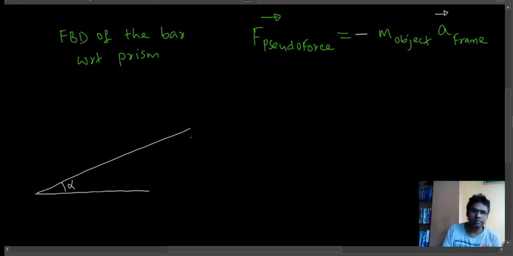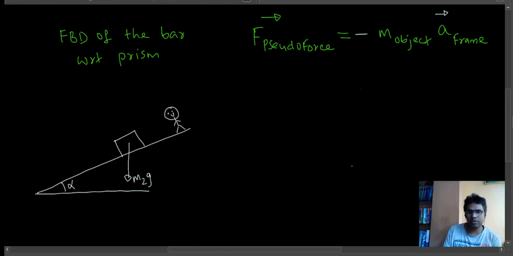So this angle is alpha, and we have the bar here. The usual force is m2g, so the earth is applying a force of m2g in the downward direction. If you happen to observe from the perspective of an observer standing on the prism, our massless observer, he will say the frame is accelerating, so I must apply a pseudo force in the opposite direction.